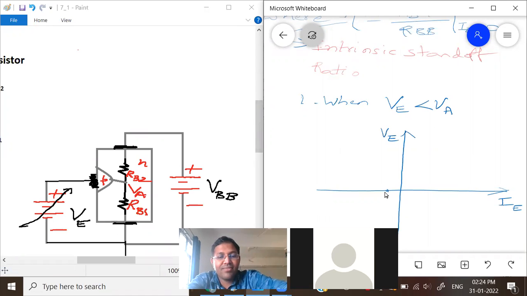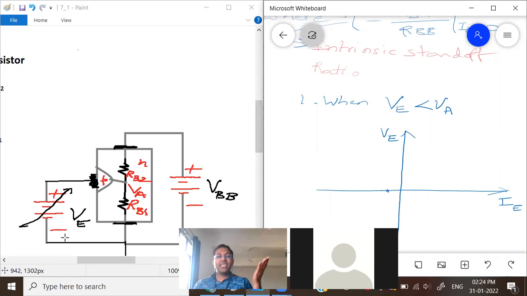Now what happens when we gradually increase VE? The characteristics we get is like this. What is the reason?